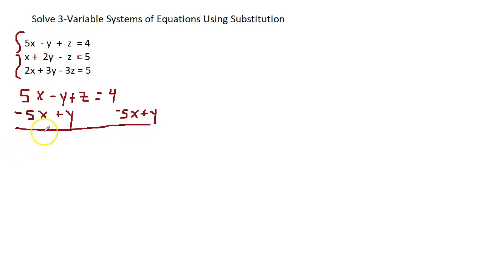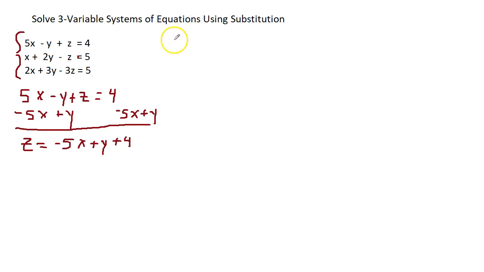All right, so cancels, cancels. I have z equals negative 5x plus y plus 4. I am going to substitute this expression in place of z in the other 2 equations.